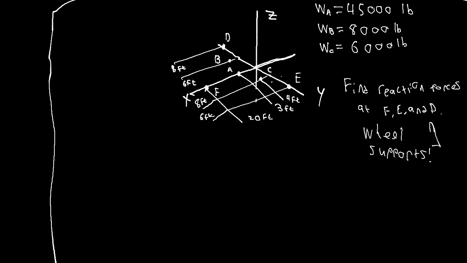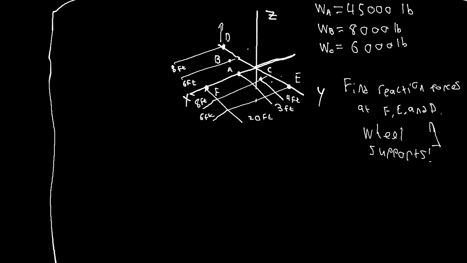Sorry if my writing is extremely difficult to read. I try. So, these are wheel supports, and they're in 3 dimensions. We know we're just going to have reactions in the positive Z, and since these are weights, they're going to be in the negative Z.